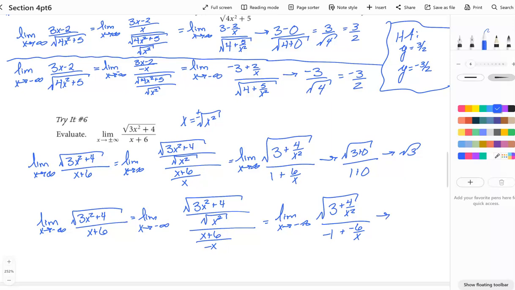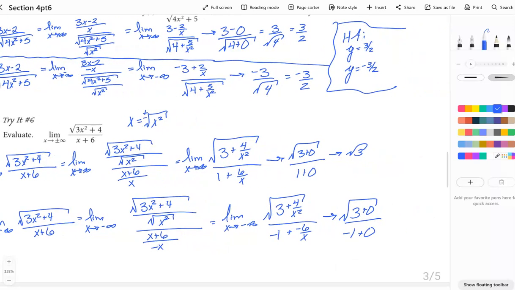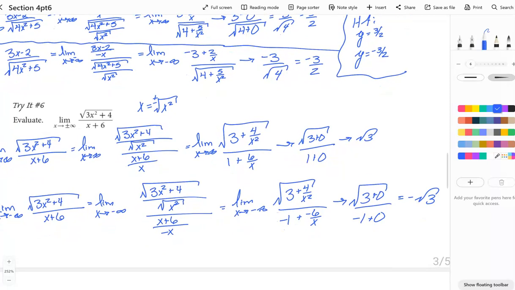So as x gets super small, that fraction is going to go to 0. And this fraction is going to go to 0. So this is heading towards a negative square root of 3. So again, two horizontal asymptotes. One at square root of 3, one at negative square root of 3.